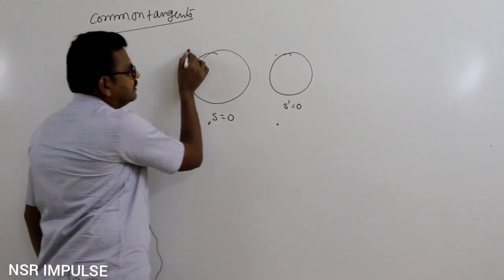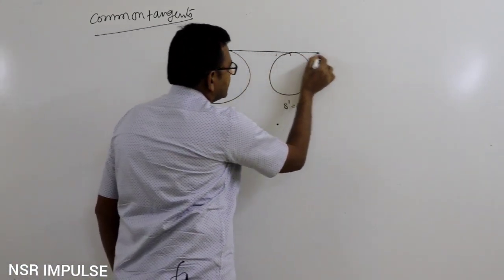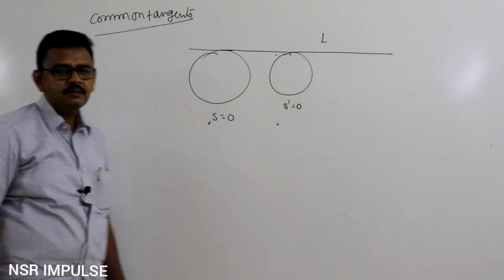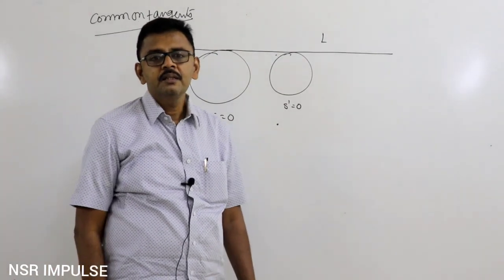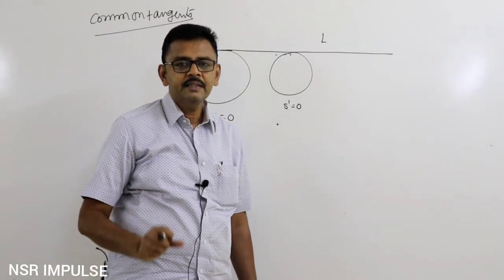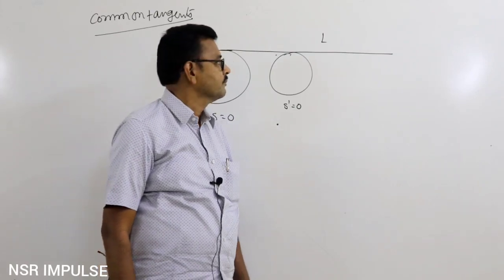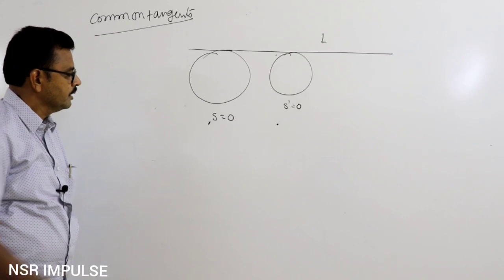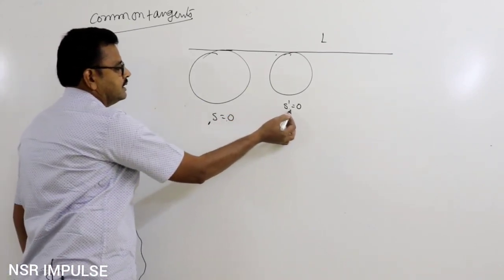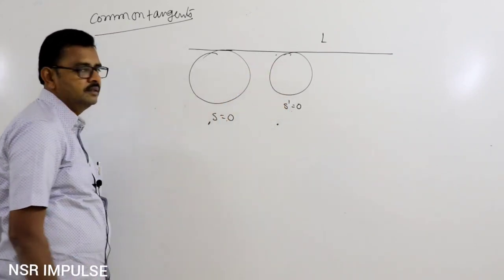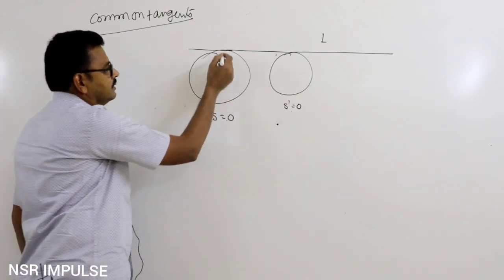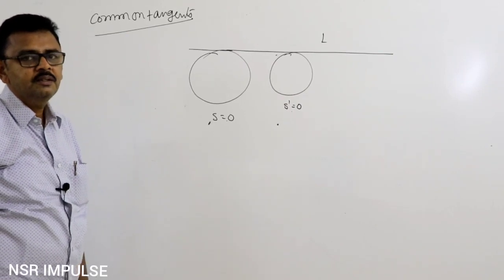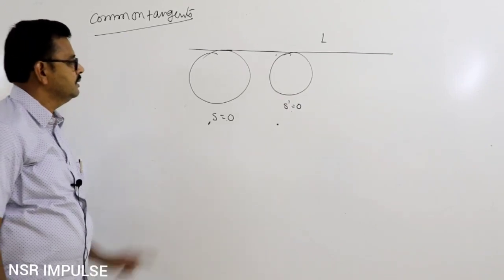If a line L touches both the circles, then L is called a common tangent for the two circles. Common tangent.